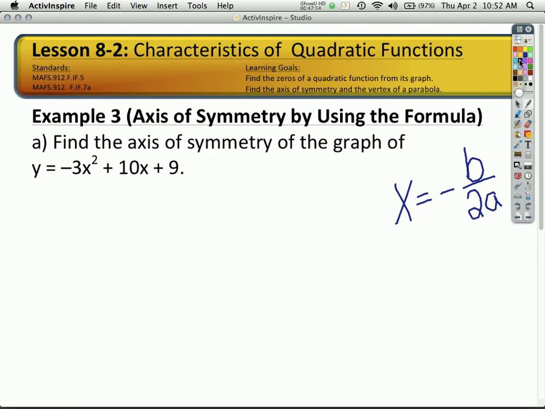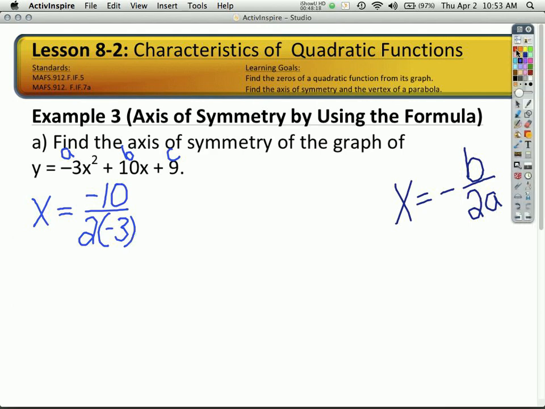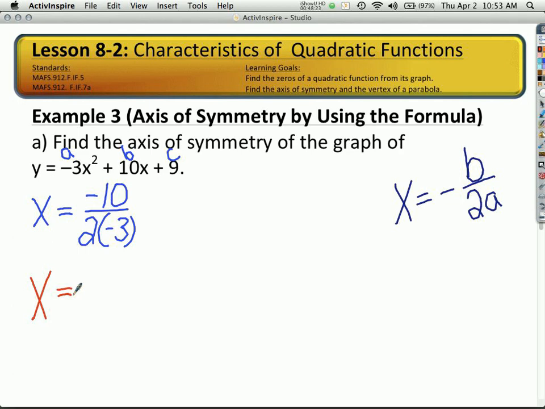So, this is A, this is B, this is C. X equals the opposite of B over 2 times A. Simplify. X equals -10 over -6. Negative over negative is a positive.